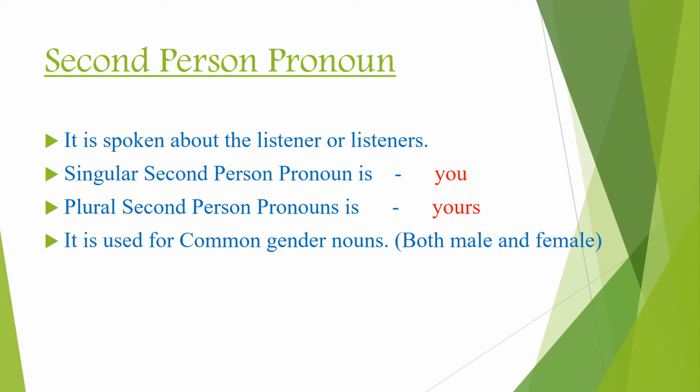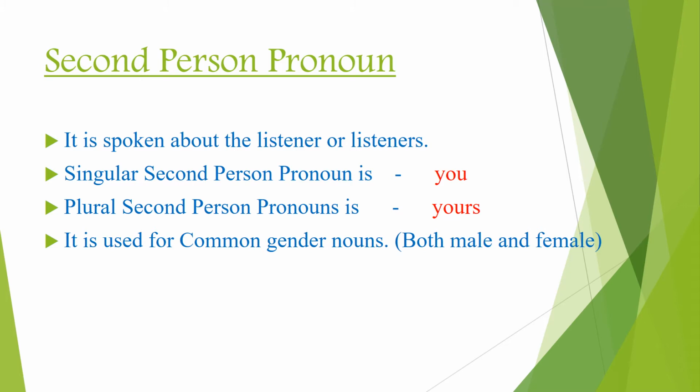The singular second person pronoun is you, and the plural second person pronoun is yours. So if I want to talk about you all, I use the second person pronouns, that is you and yours. I have again highlighted you and yours in red font on your screen.